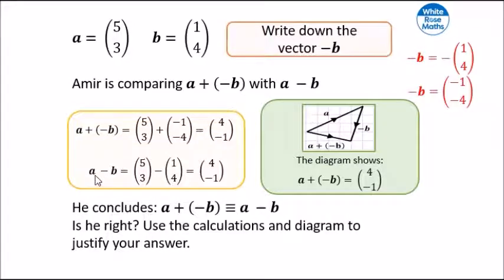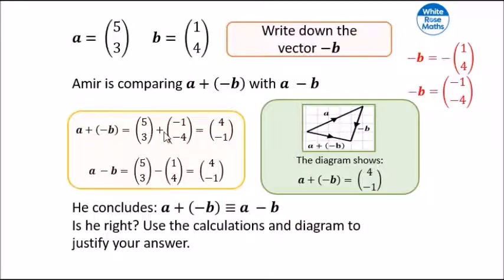And if we think about the subtraction, a take away b, 5 right, and then we do the opposite of 1 right, so 1 left. 5 right, then 1 left is 4 right altogether. 3 right, then the opposite of 4 to the right is 4 to the left, which is 1 to the left altogether. So you can see that these end up being the same thing, and it becomes a simple calculation of 5 take away 1 is 4, and 3 take away 4 is minus 1.